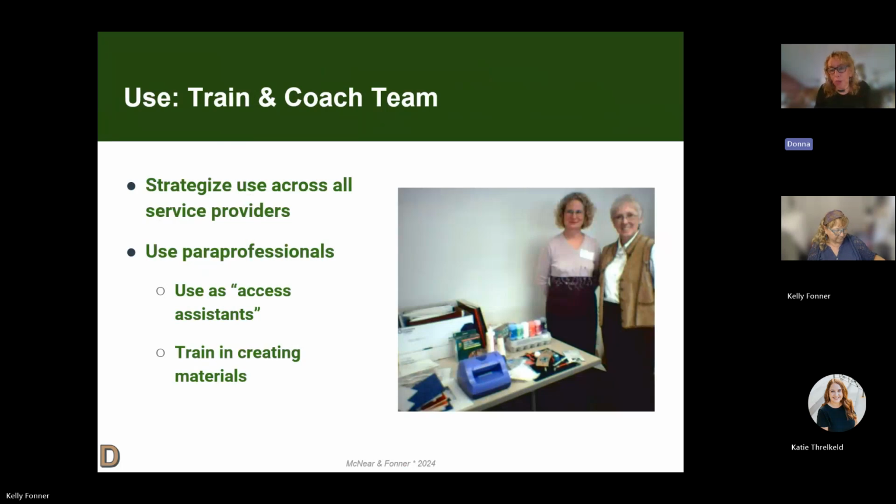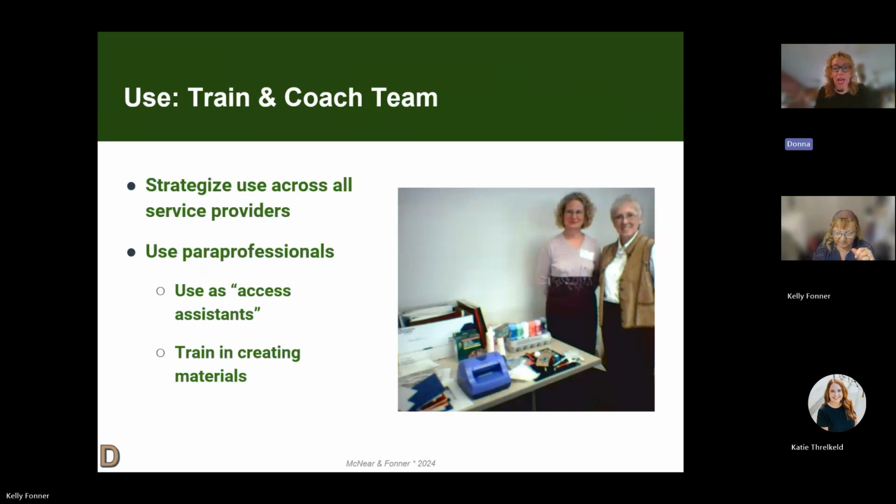How, if you're the person who's really promoting the use of tactile items, are you going to get everybody using the tactile items? And this is just a photo of some braillists that I know from back in the day. They were showing all the materials that they use as braillists to create tactile graphics, tactile items for all kids.